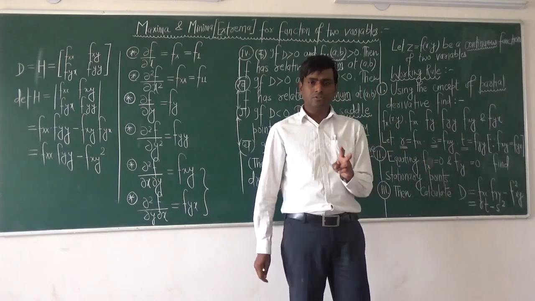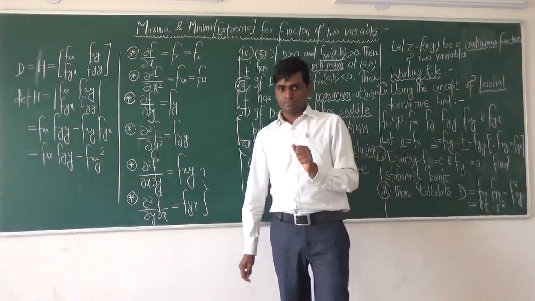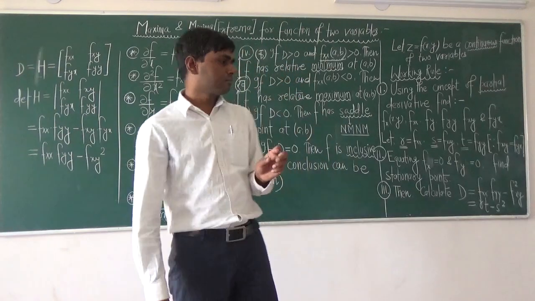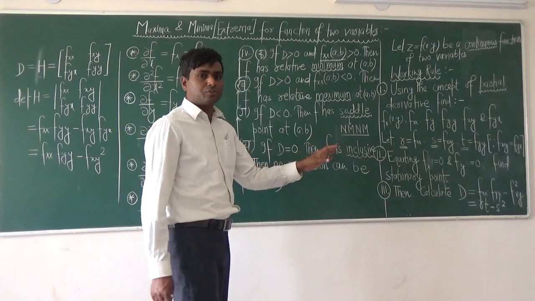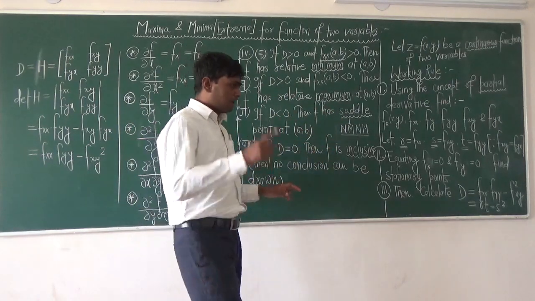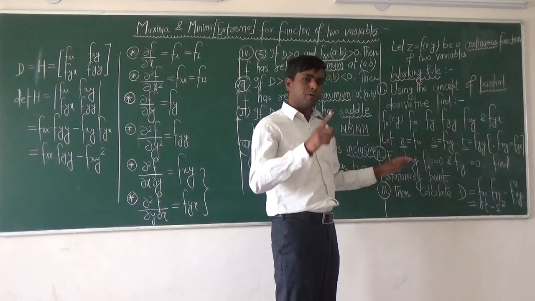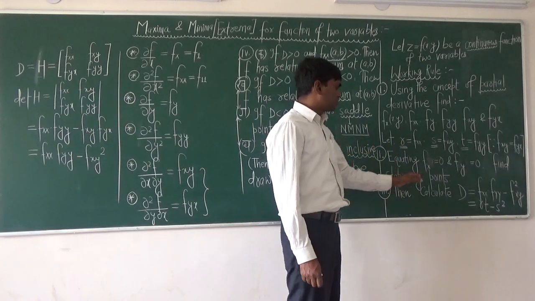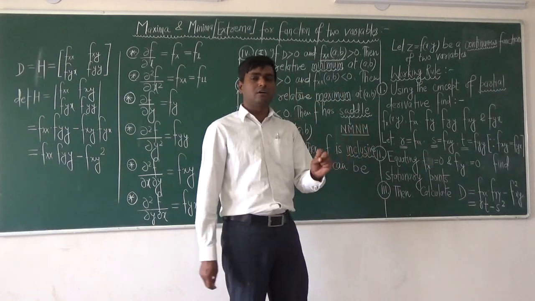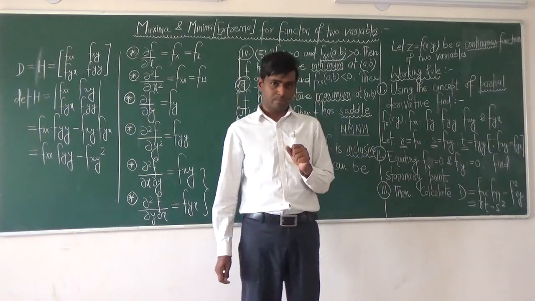Then we obtain two equations. After solving these two simultaneous equations, we obtain one or more points. These points are called stationary points. They may be single, double or triple.